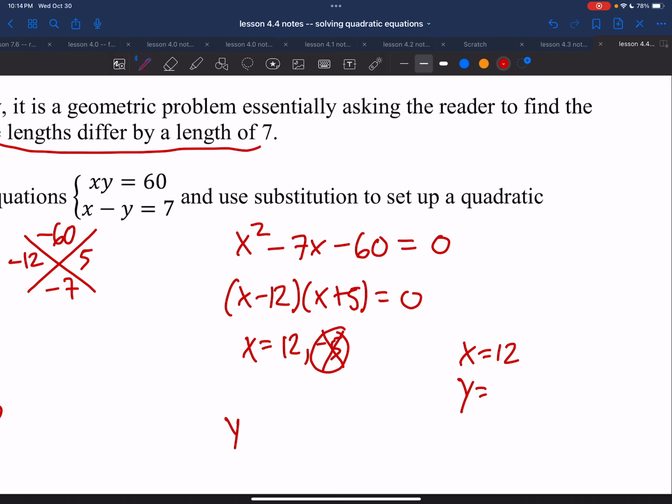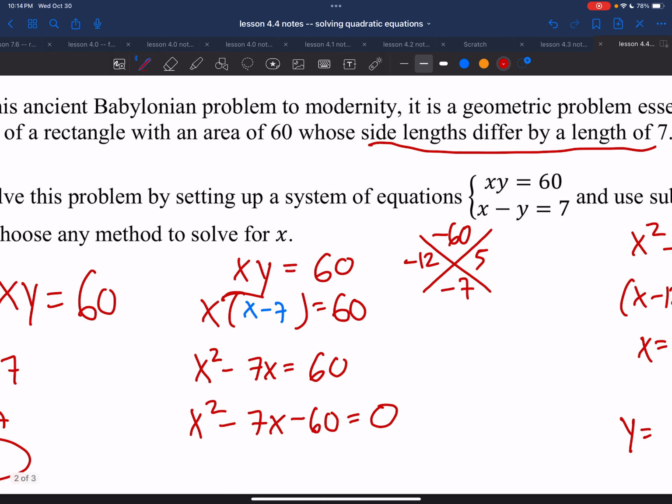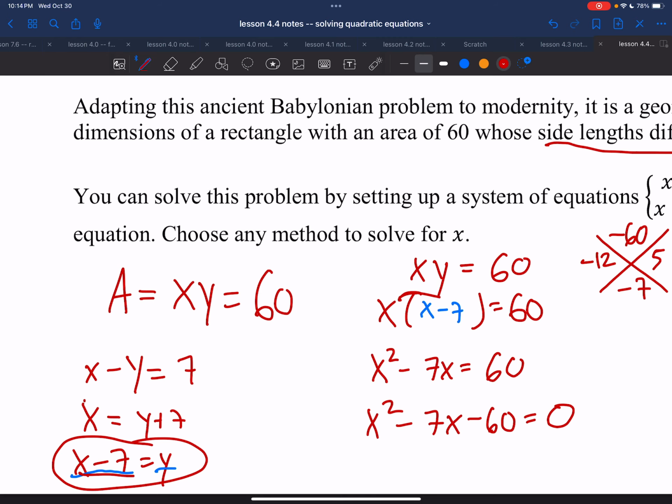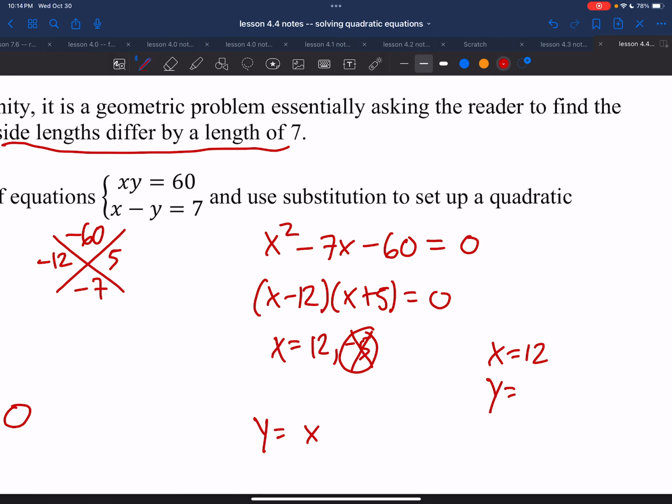Well, we said that y was x minus 7, right? So if x is 12, 12 minus 7 gets you 5, which incidentally is kind of that other answer. But yeah, y comes out to 5.